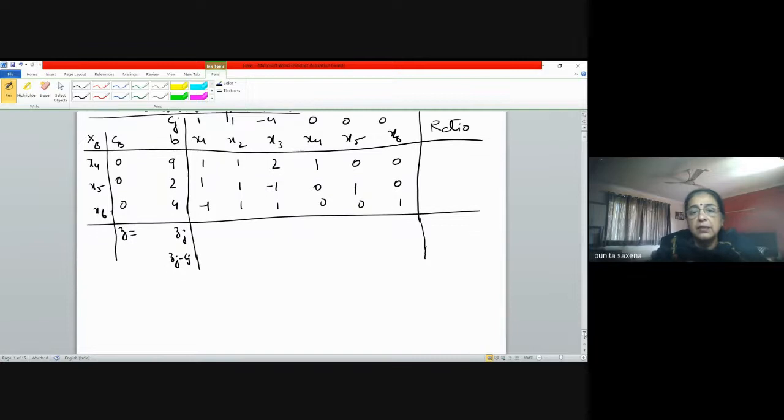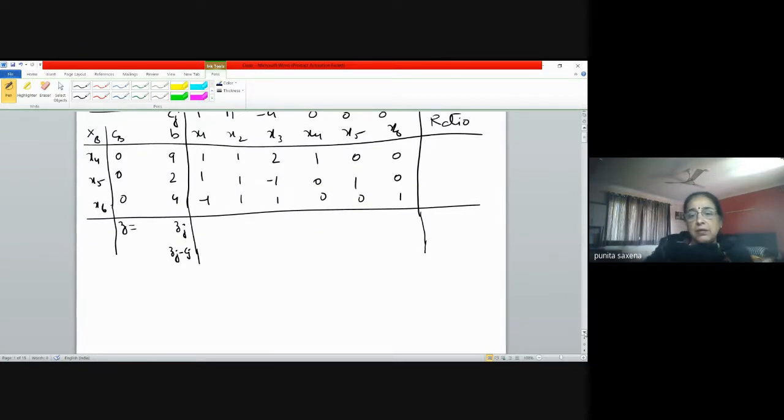In a way, in some rough work that I am doing here, we have chosen our B to be I and our N to be this one. So basically our N is A1, A2, A3. So X1, X2, X3 are the non-basic variables, and X4, X5, X6 are the basic variables.